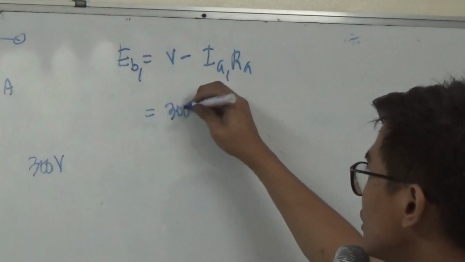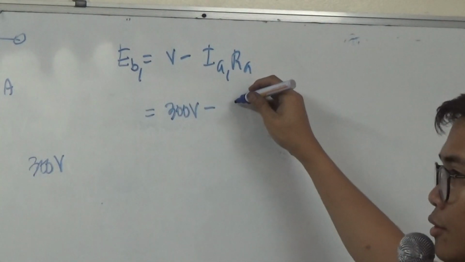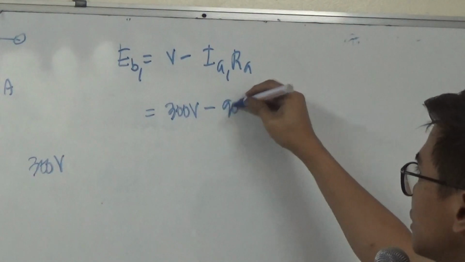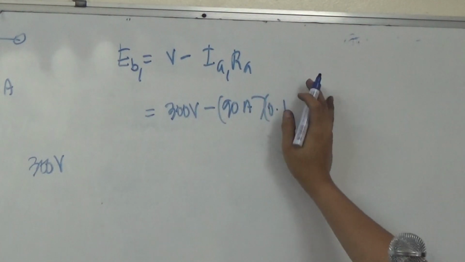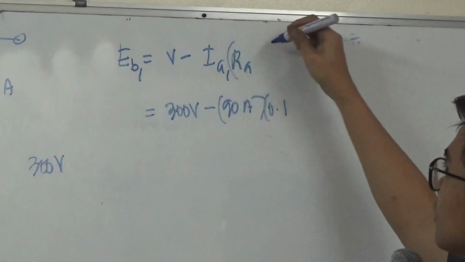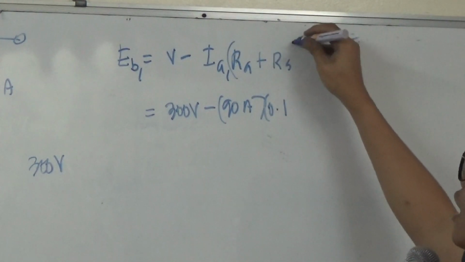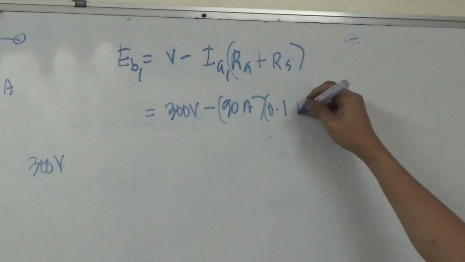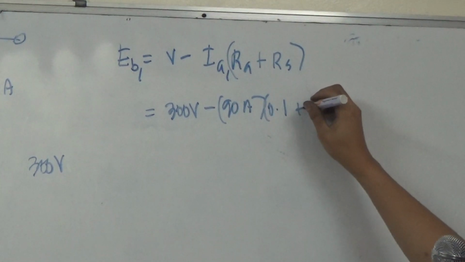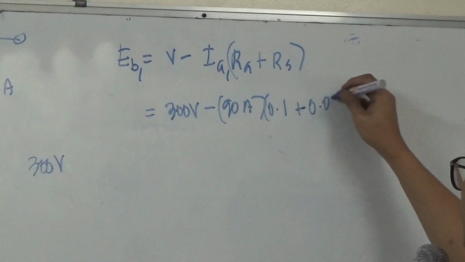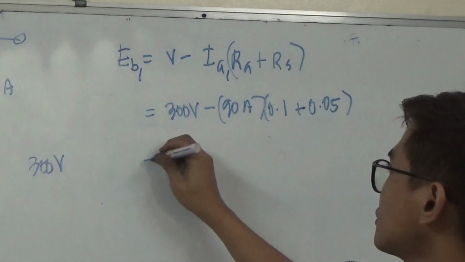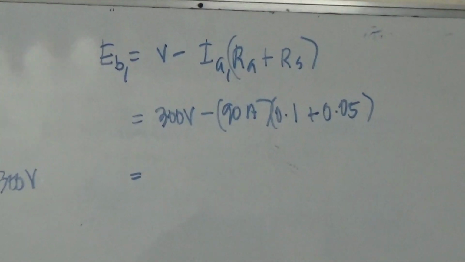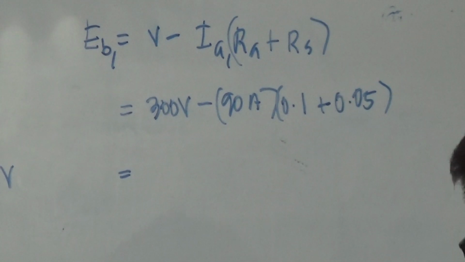So, 300 volts minus IA1 of 90 amperes multiplied by 0.1. Since meron series field, gawin tayo ng RS, 0.1 plus 0.05 or 50 milliohms. So, ano nakuha natin dyan? 286.5.